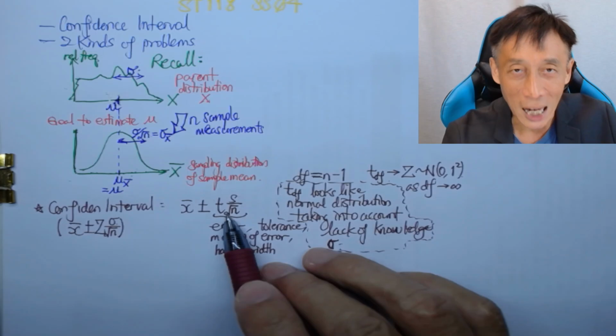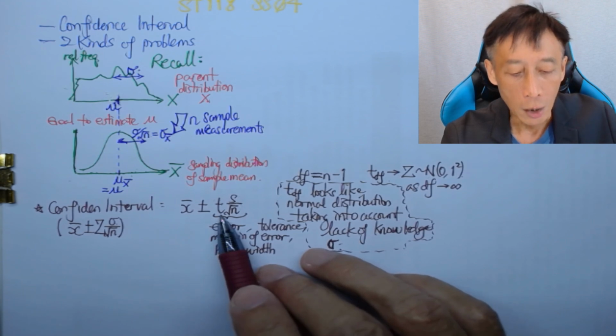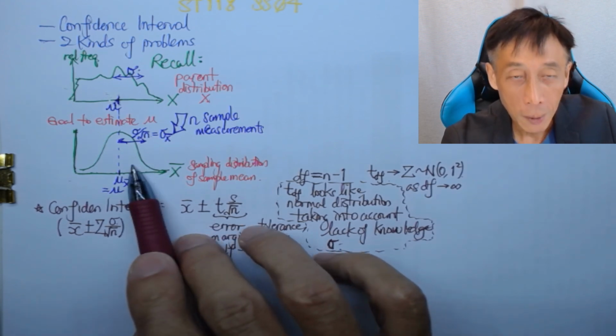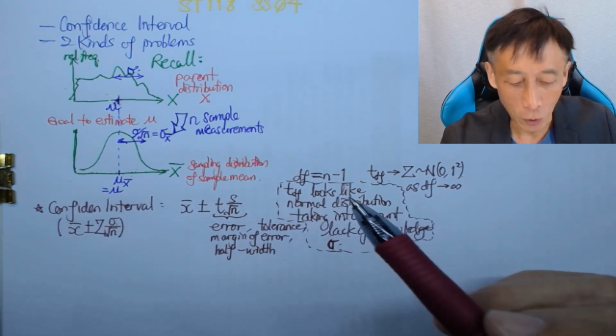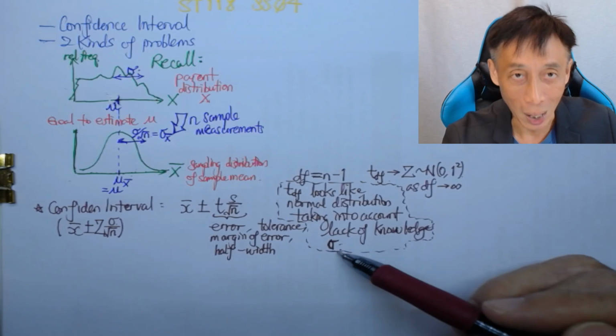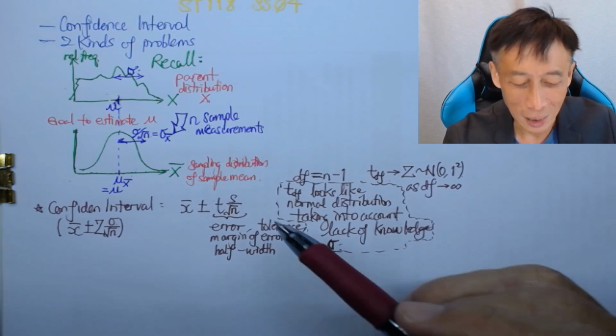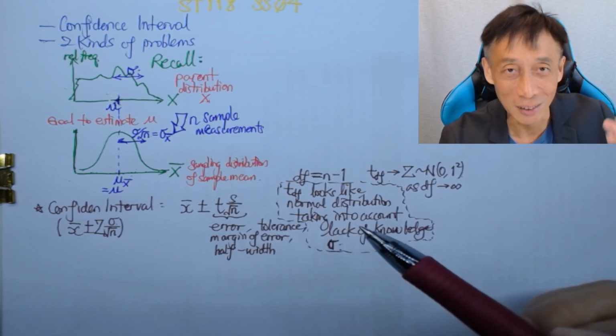So it's created, constructed by mathematicians and statisticians to look like the bell curve, but fattening the tail a little bit to account for the fact that we don't know sigma's value very well. We know about it a bit. We are estimating it with S, but S has got a lot of leaks, right?